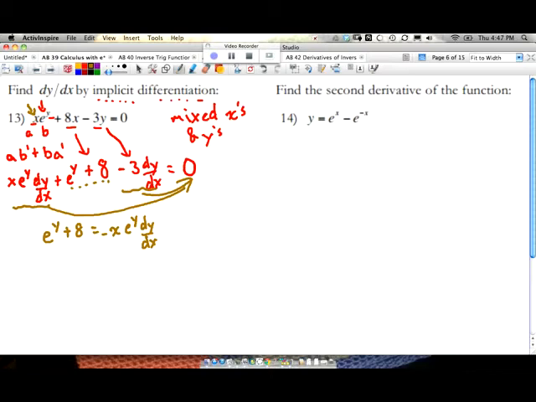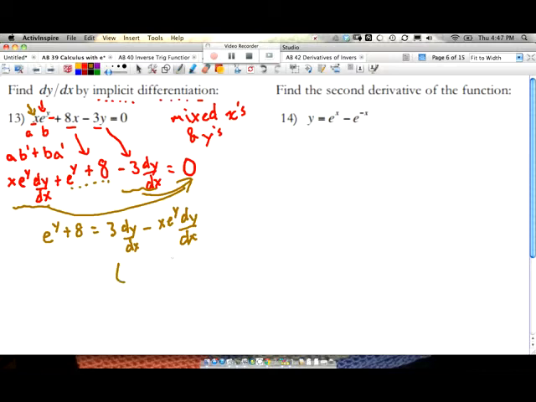But that's minus, actually. So I'm going to write that one second, just for cleanliness. So I'm going to have 3 dy dx minus x e to the y dy dx.